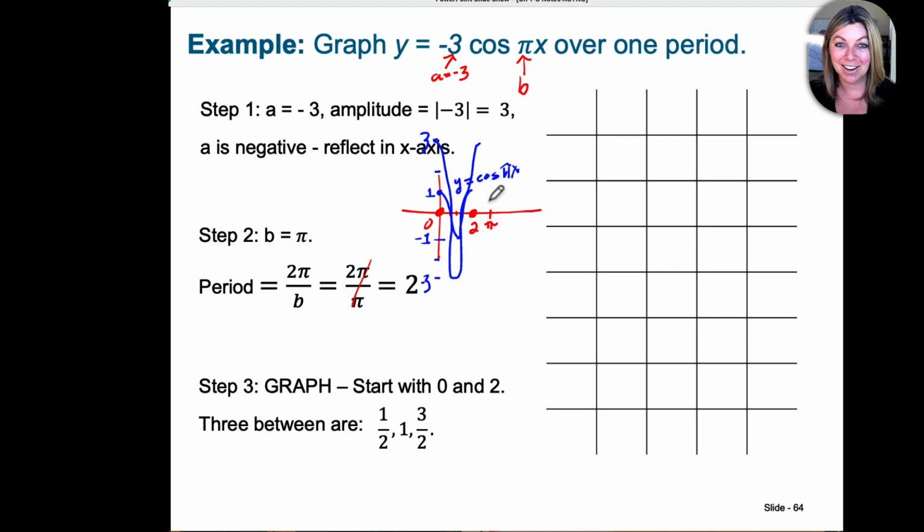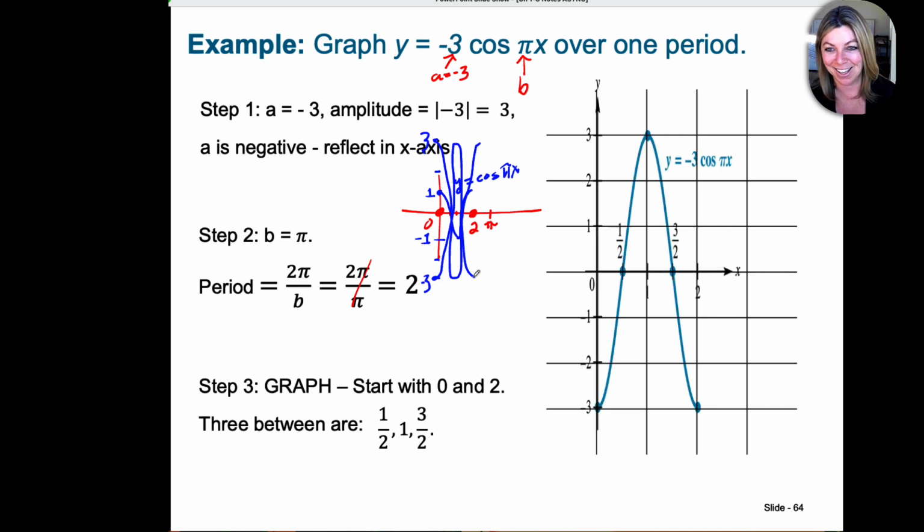And then finally, last transformation is the reflection in the x-axis. So we're actually going to start down low, pass through, then max out, pass through, end up there. Okay, let me show you the graphic. Here it is. This is the graph of y equals negative 3 cosine of pi x.